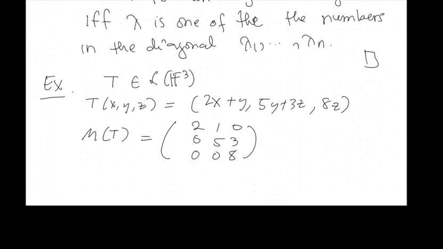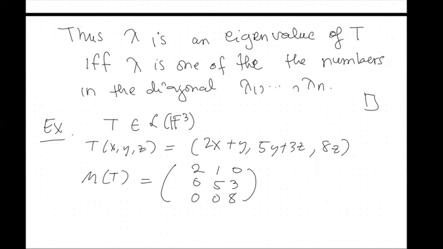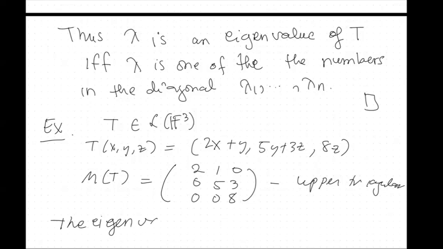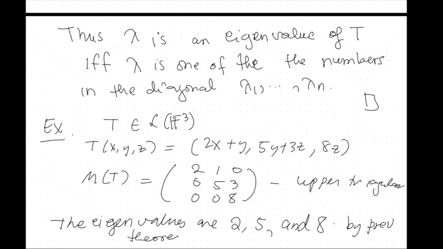This is upper triangular. That means the eigenvalues are 2, 5, and 8 by the previous theorem. That's it for our example.